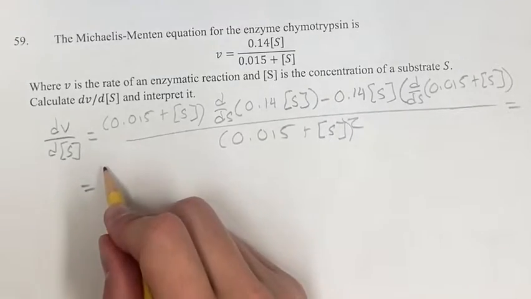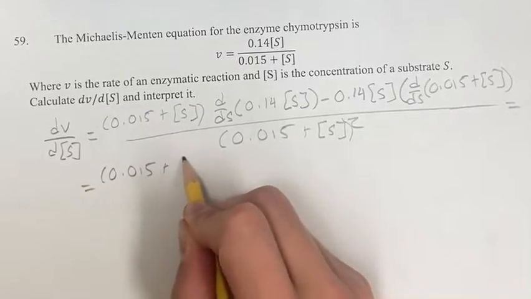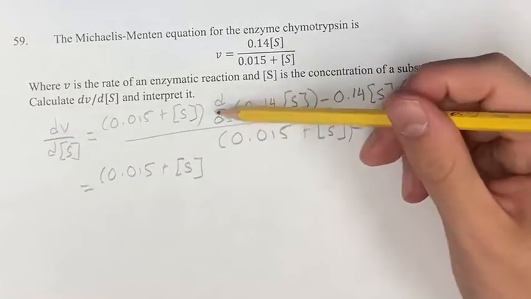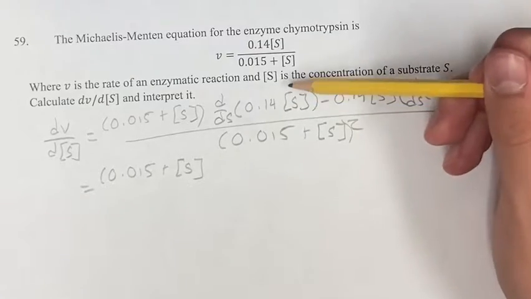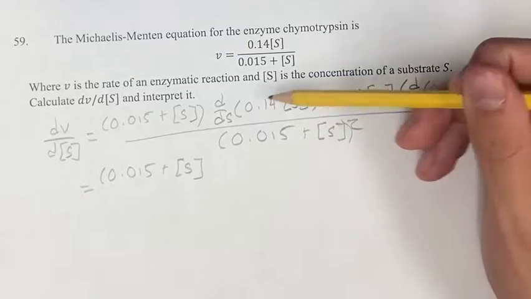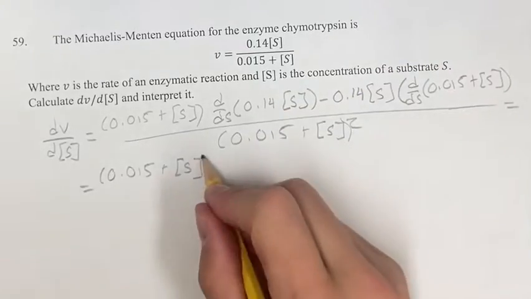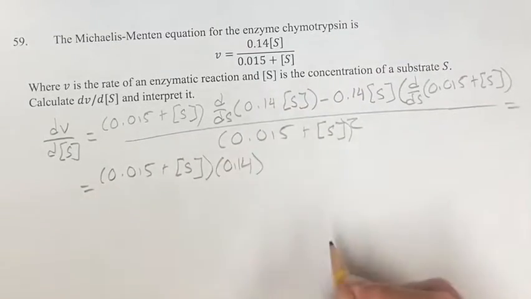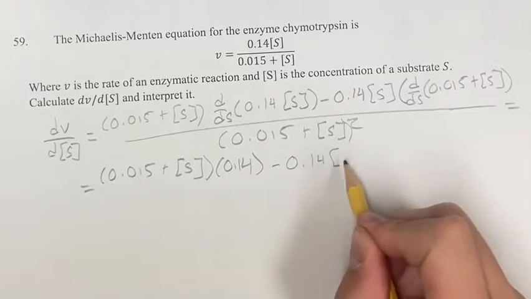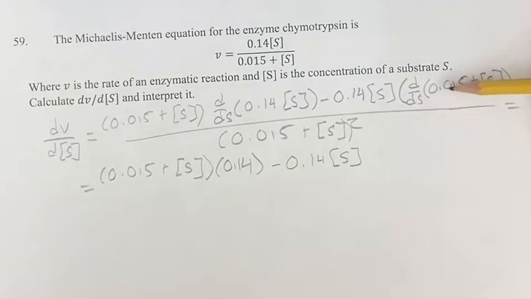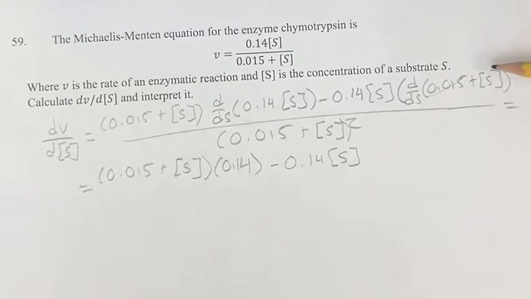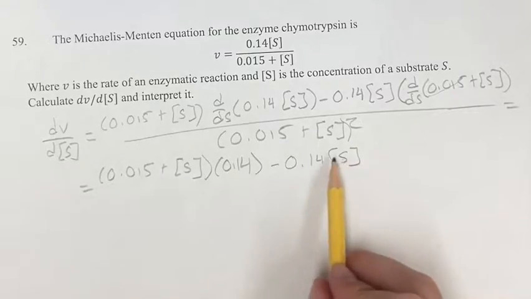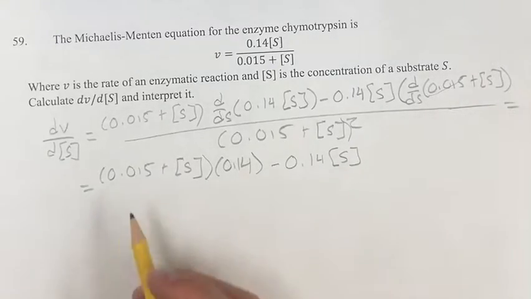So we have 0.015 plus s. The derivative of this term, since it's a linear term, right, s is to the first power here, the derivative is just the coefficient, which is 0.14, minus 0.14s, times the derivative of 0.015 is 0, so we can ignore it since 0.015 is a constant, plus the derivative of s, again, linear term, its derivative is its coefficient, which in this case is 1, so this is 0.14s times 1, so it's just 0.14s.